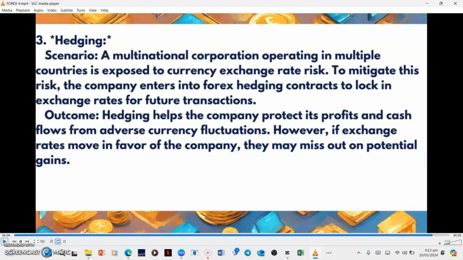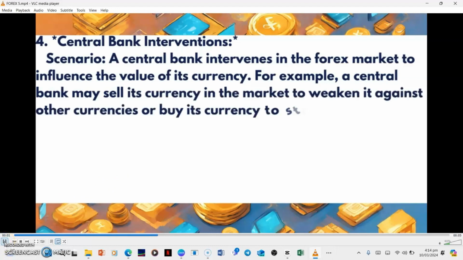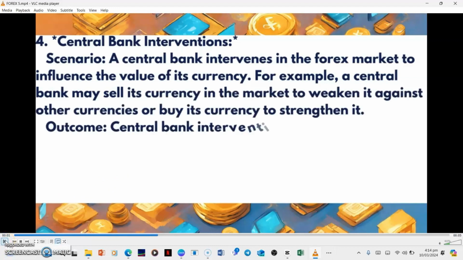Let's look at the fourth scenario. Let's talk of central bank interventions. The central bank intervenes in the forex market to influence the value of its currency. For example, a central bank may sell its currency in the market to weaken it against other currencies, or buy its currency to strengthen it.